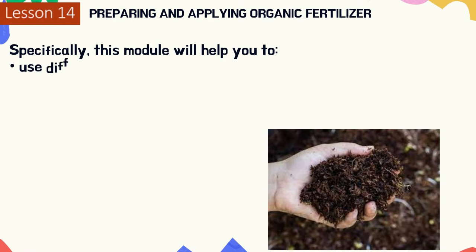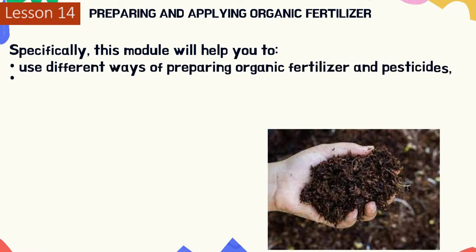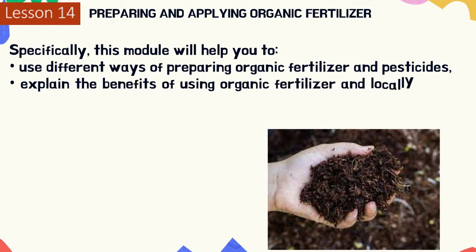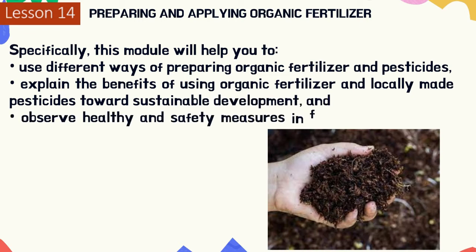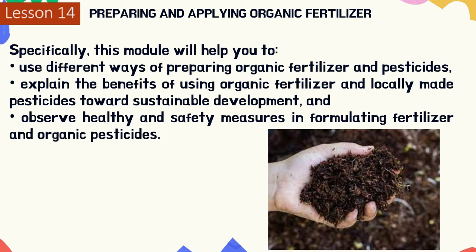Specifically, this video will help you to, number 1, use different ways of preparing organic fertilizer and pesticides. Number 2, explain the benefits of using organic fertilizer and locally made pesticides towards sustainable development. And the last, observe health and safety measures in formulating fertilizer and organic pesticides.